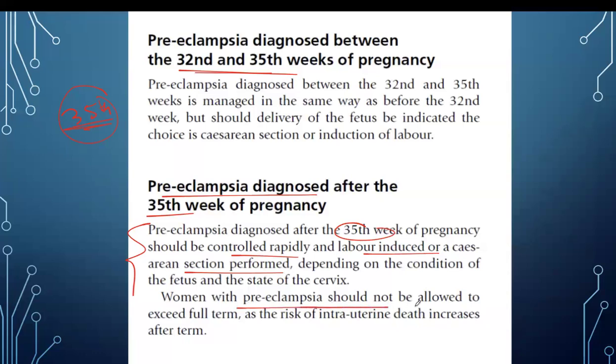Women with preeclampsia should not be allowed to exceed full term. That's important. Many times we like to continue the pregnancy up to term, which is 37. But for a preeclampsia patient, we normally would like to have the delivery done, either C-section or induction, before term. Okay?